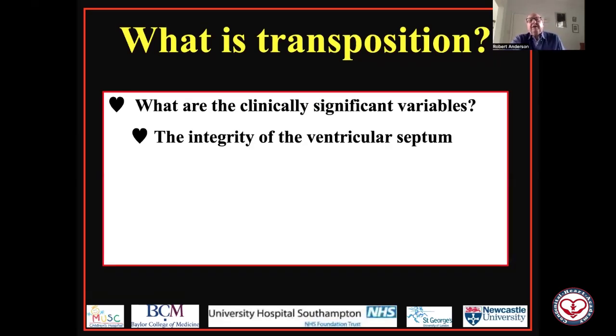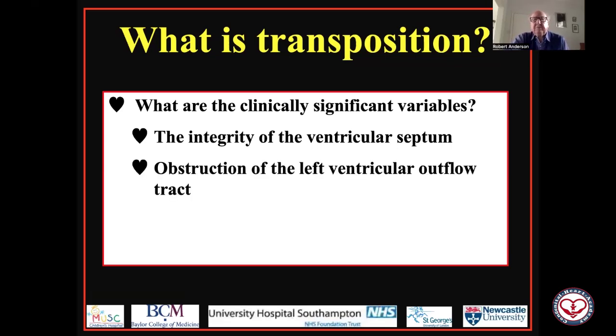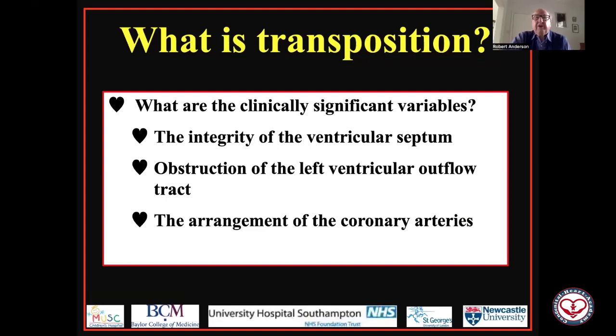Let's look at the variables that we find within this phenotype. And there are many. Diane's shown you a very complicated example, but we can concentrate on the integrity of the ventricular septum, the obstruction within the left ventricular outflow tract, the arrangement of the coronary arteries.